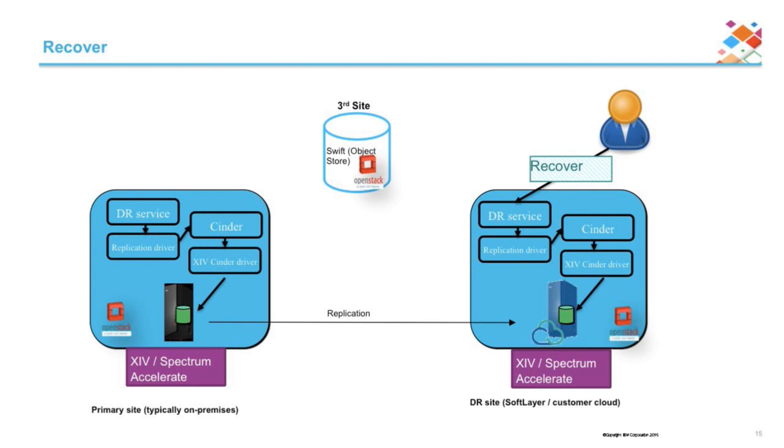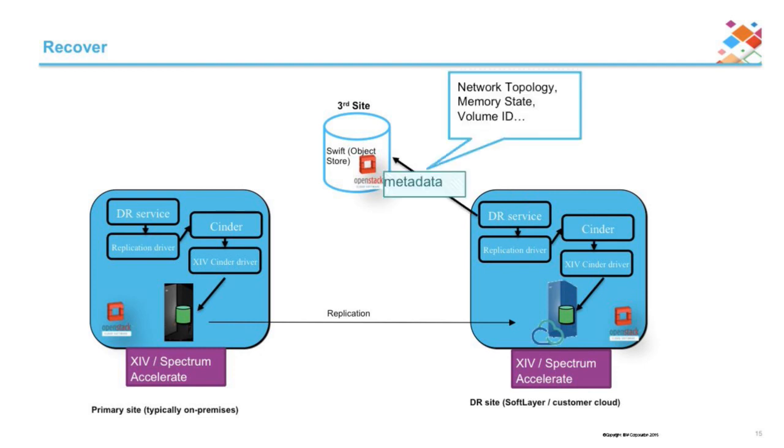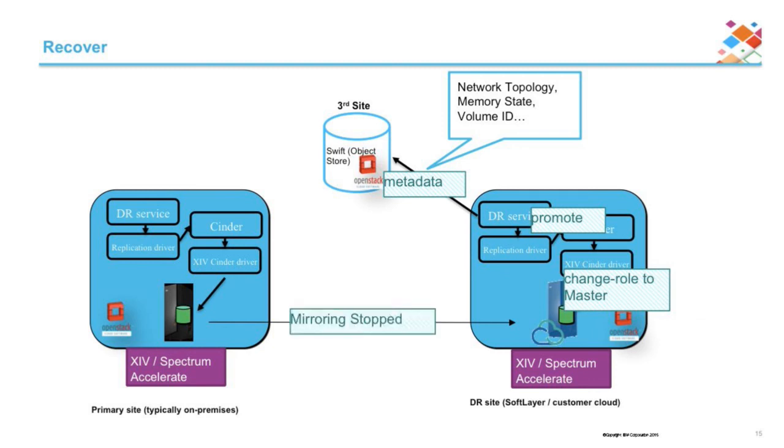And again, the disaster recovery service reads the metadata from Swift, loads the replication driver, which calls promote on the storage system. That changes the role of the backup to master and stops mirroring. Now, since all the data is here, we use the template that we generated to recreate the workload and get it up and running again.